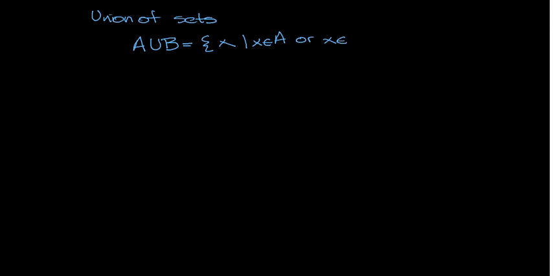Let's define the union of sets. We're going to write it like this, and we're going to define it as all the x's such that x is in A or x is in B. We can think about this with the help of a Venn diagram again.